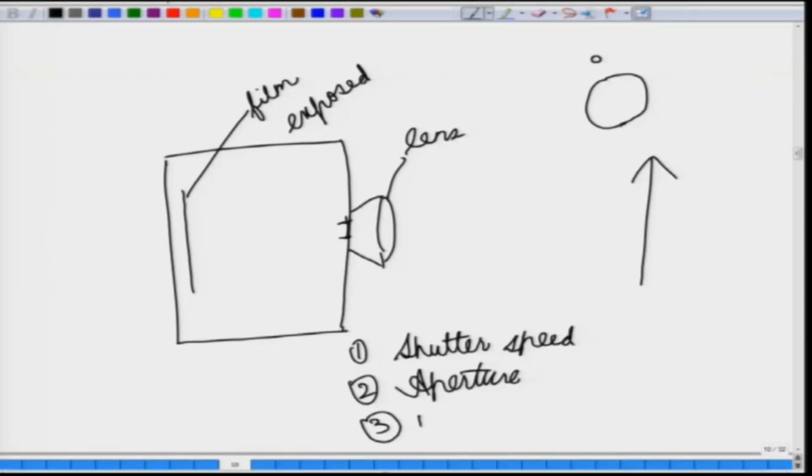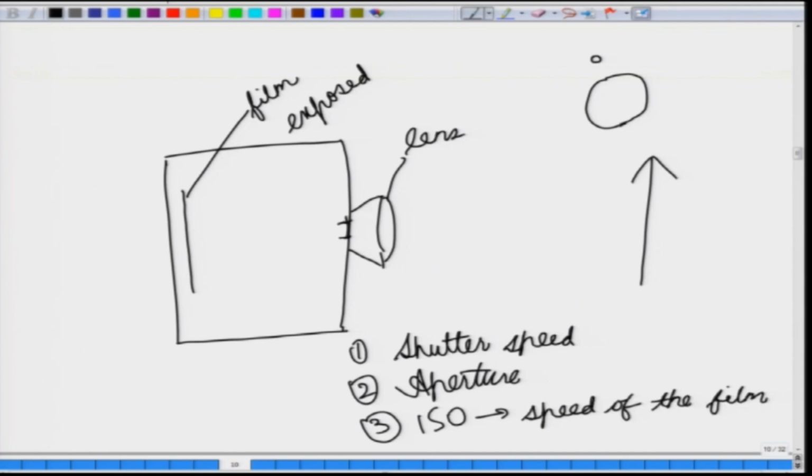aperture. Now, the impact that this light will have on the film will also depend on the third thing, which is the ISO. Now, ISO, which is also referred to as the speed of the film, is a measure of the sensitivity of the film.